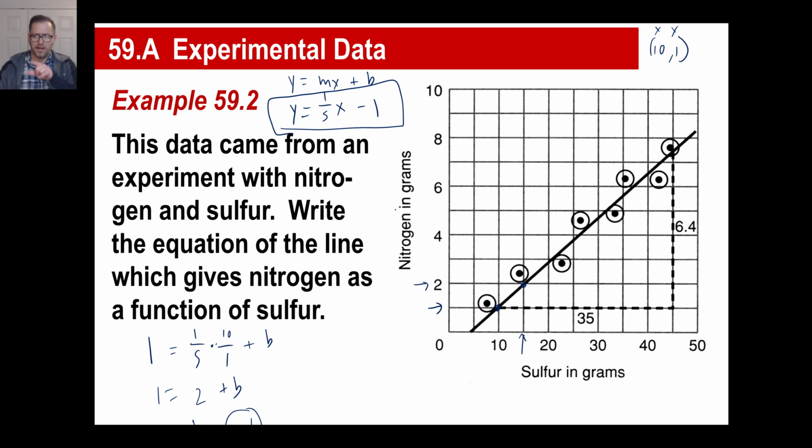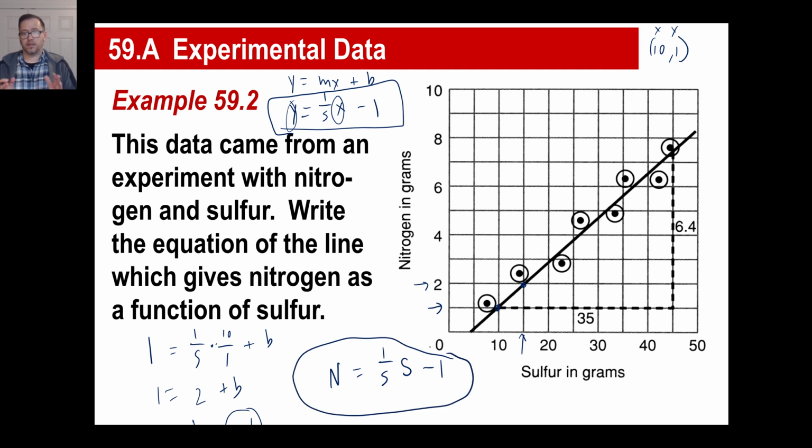Let's just, for the heck of it, do this to where they have it. So we need to replace this and replace that. Well, the y goes with the nitrogen, and the sulfur goes with the x. So y is nitrogen, so we'll say N equals 1/5 of sulfur minus 1.